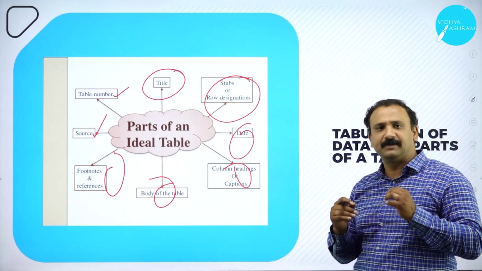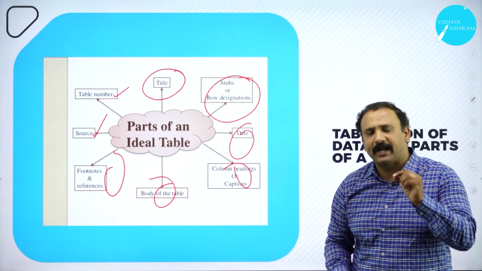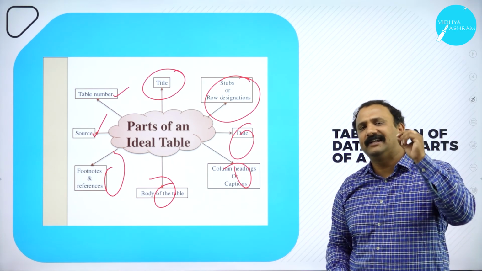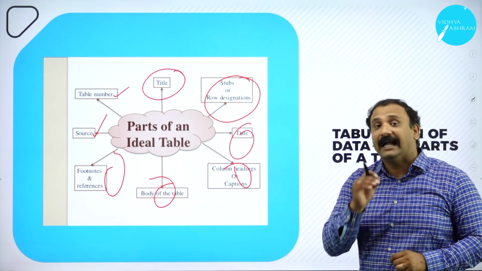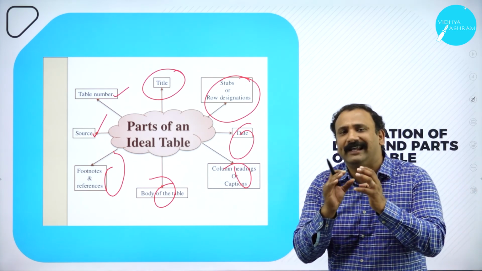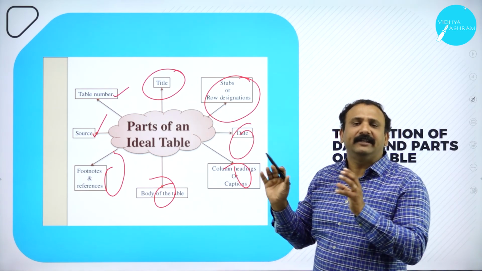Now, to give you a simple example, when you are presenting data, what is more important is the evidence, the genuineness of the data, the credibility of the data, which can be given only when you start giving out the parts of it in a clear manner. So you first start with the title of the table.